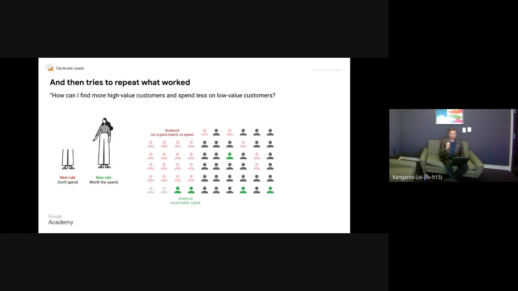If they do match, let's spend on those people and choose not to spend on people who more closely resemble customers who have clicked but not converted. So it's creating spend rules and predicting based on the customer attributes of this individual person, which is how Google Ads works.